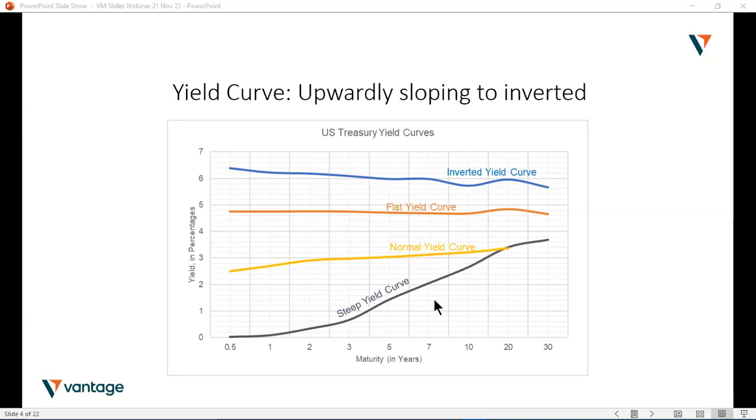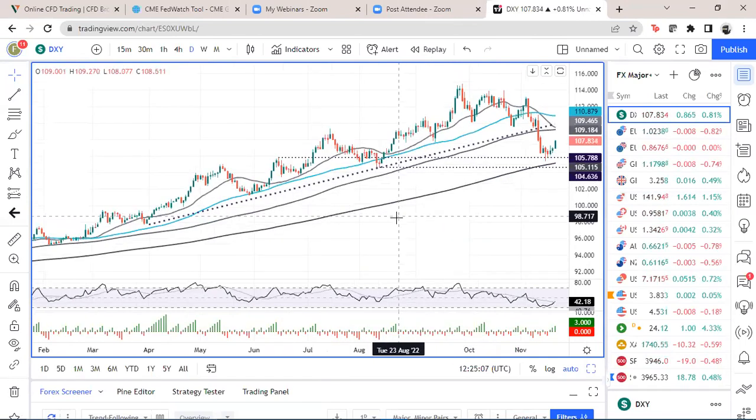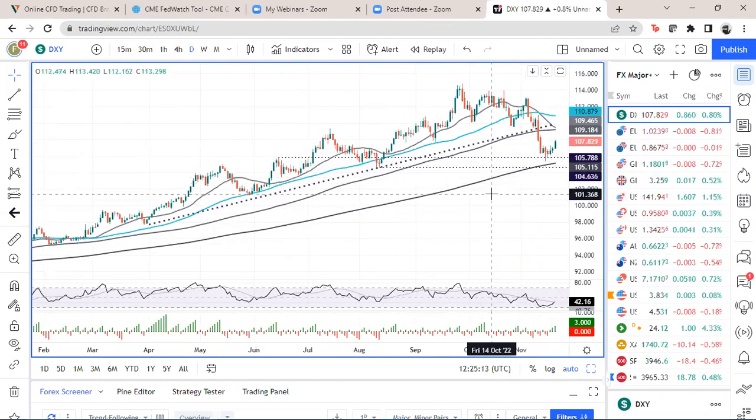Let's just look at the DXY now that we can see here. Technically we've got a few levels. We've got the 200-day moving average. This is on the DXY. Remember this is a basket of 6 currencies, essentially against the euro, the biggest weighting by far, 57% or so.